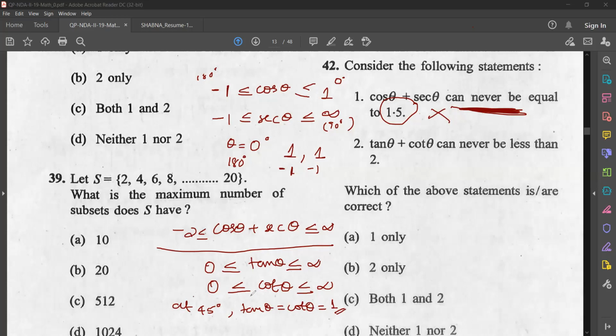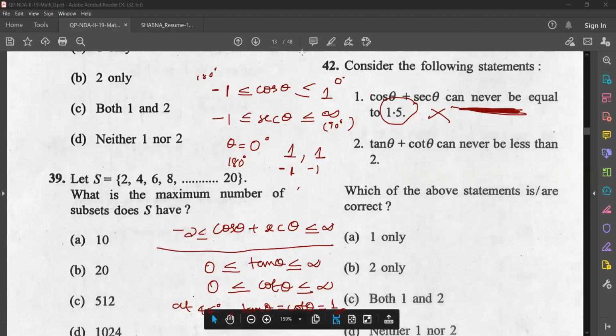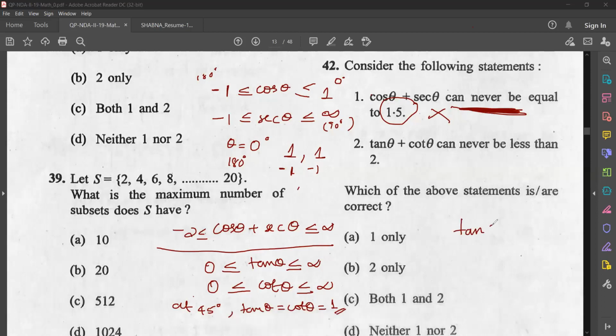Okay, so if we are adding tan theta and cot theta, see tan 0, for example, I'm just taking an example, tan 0 plus cot 0. What is tan 0?